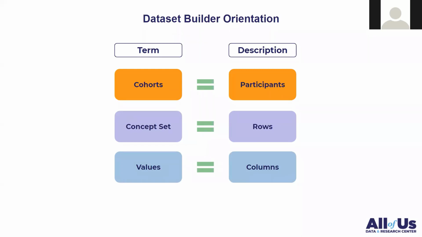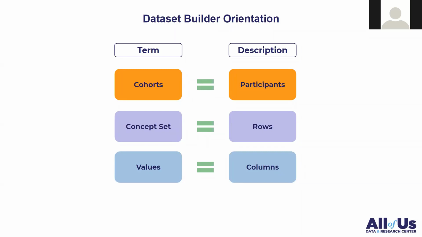So you can imagine that if you are studying very specific billing codes from electronic health record data, that is a specific subset of concepts or health information that you can choose to bring into a data set for analysis. We also have concepts related to demographics or answers to survey questions.